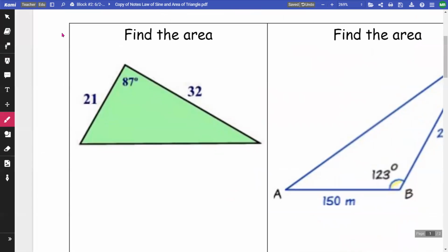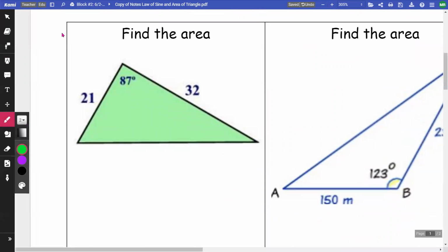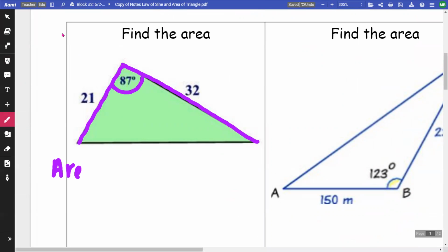So in this case, you'll notice I know my 87. I know this side and I know this side. So you see how I know the two sides that form that angle. So area equals, let me get a smaller font here, 1/2 times 21 times 32, the two sides, times sine of 87 degrees.